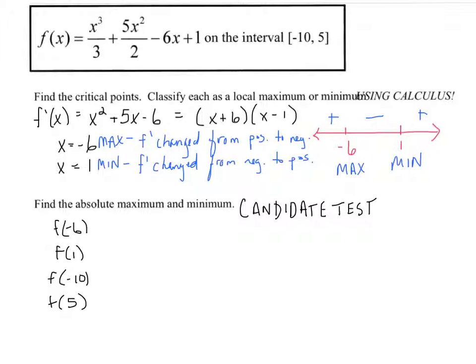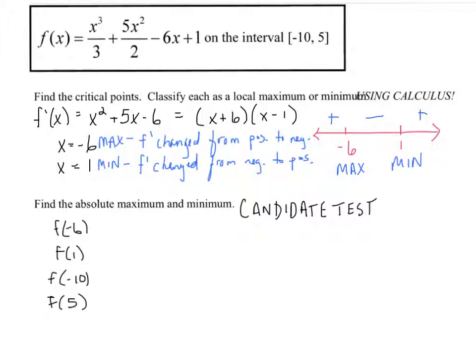And I'm not going to do that in the interest of time. You could plug those in your calculator. But I do want to point out the absolute max and min, we're using the original function. We're just saying, where is the function at its highest and lowest points? But here, when we're classifying with the derivative, we are analyzing the derivative, saying where the derivative is positive, the function's increasing. Where the derivative is negative, the function's decreasing.